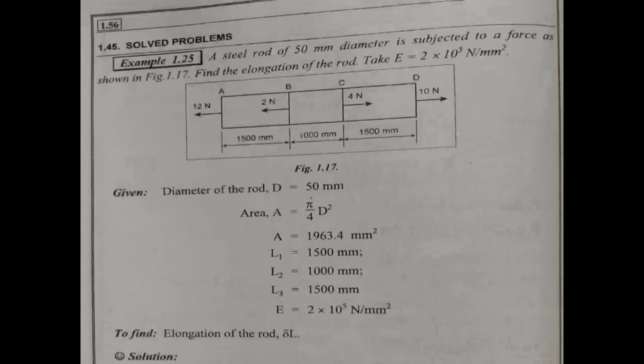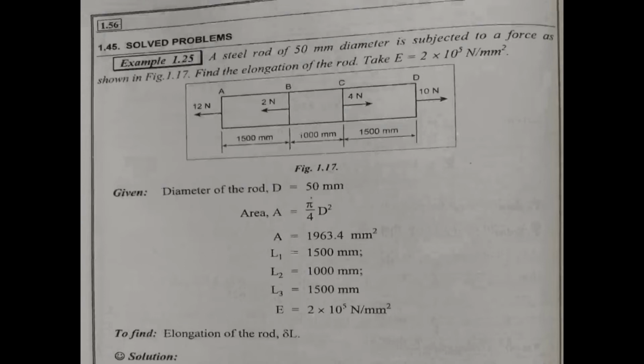Here 12 Newton is a tensile load, 2 Newton is a tensile force and 4 Newton is a compressive force. So 12 plus 2 plus minus 4 equals 10 Newton. Then on the right hand side there is 10 Newton. So the load acting on section CD equals 10 Newton.